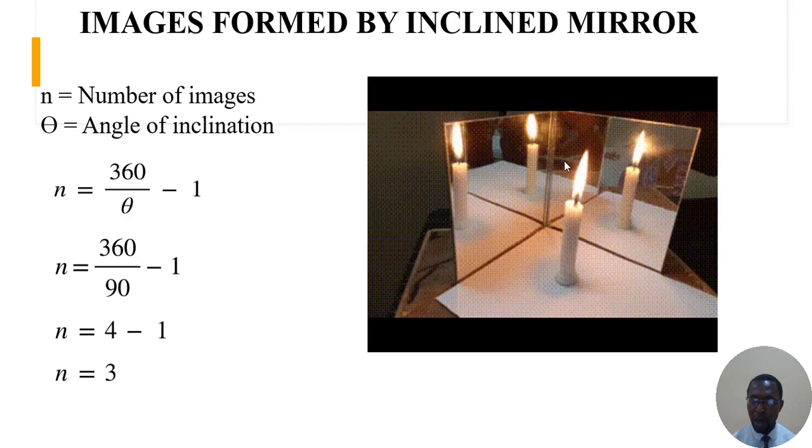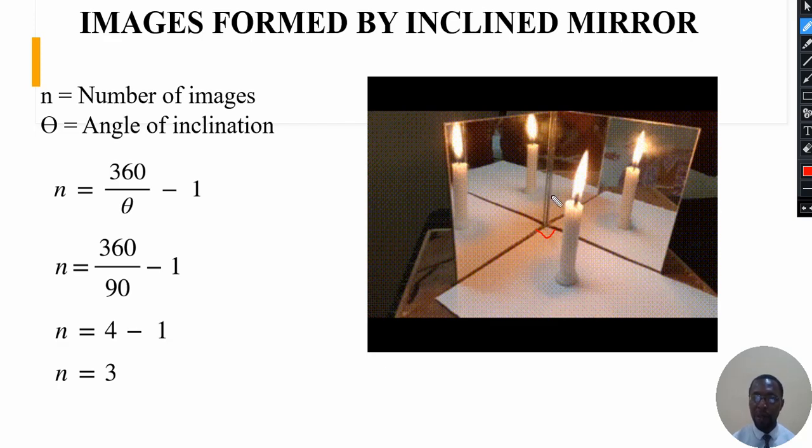These are two mirrors that are inclined at angle 90. This part here is the angle 90 where they are inclined. Because they are inclined at 90 degrees, we could see three images of the candlelight being formed.